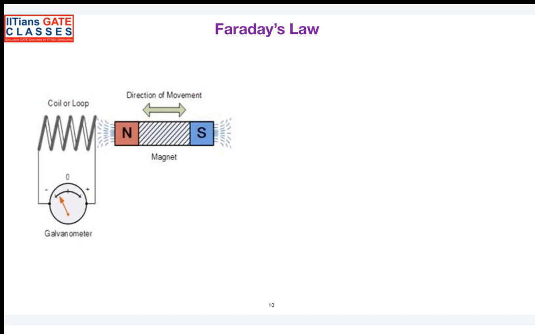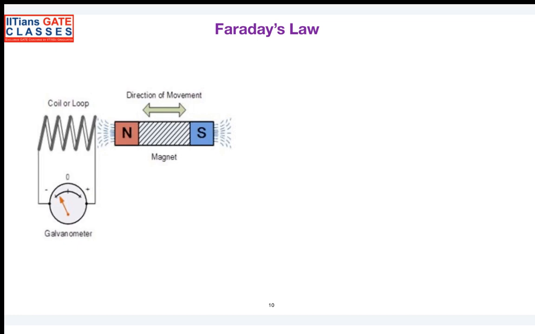On the last topic, we'll see Faraday's law. I have given clearly the example here. Consider that this is a coil, and there is no current flowing through the coil initially, and I have connected a galvanometer to this coil. I bring a magnet closer to the coil and move it away, making oscillations of the magnet.